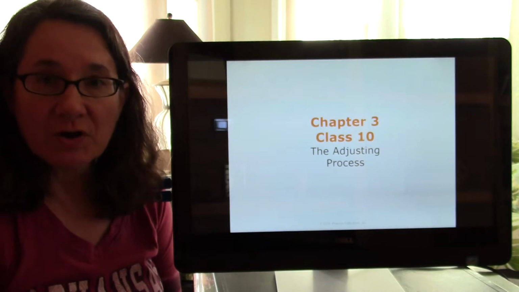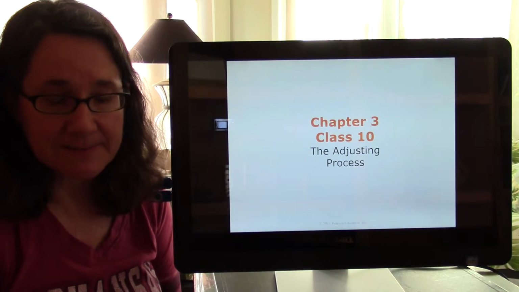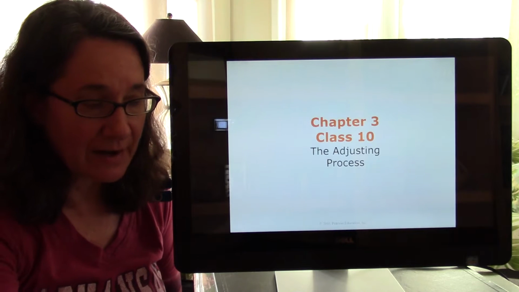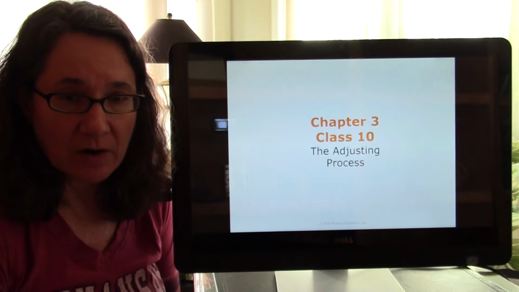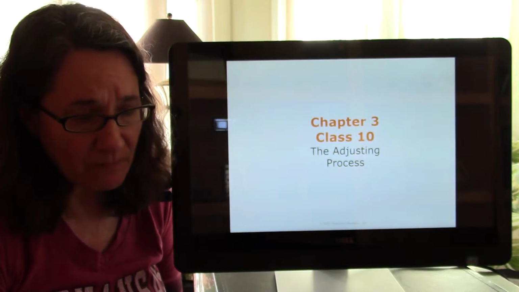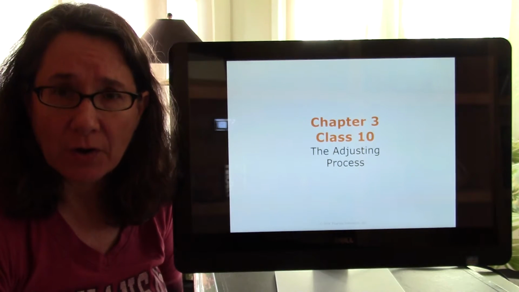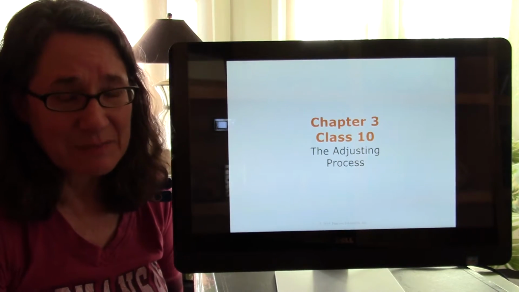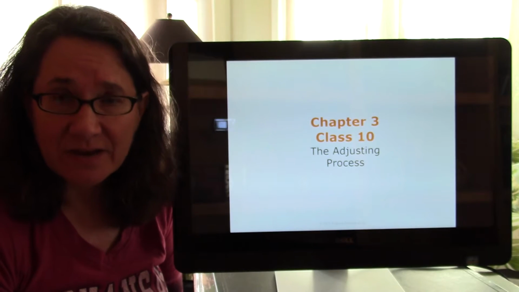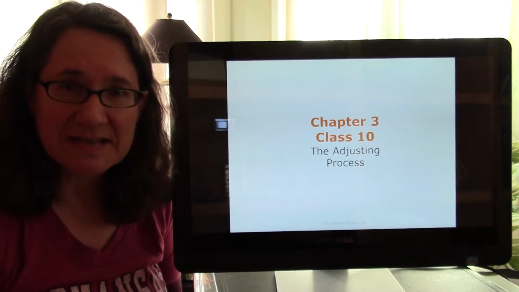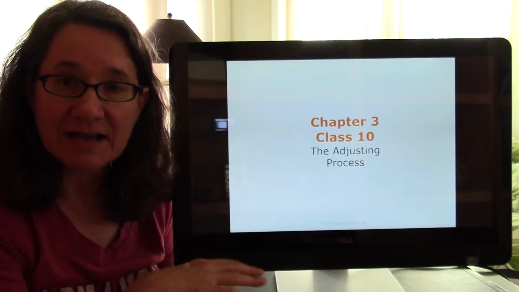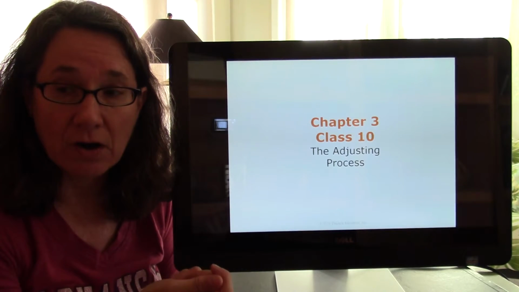We know we do accrual-based accounting, which means we need to record our revenues and expenses in the period in which they occur. So that means maybe cash didn't even change hands. Or maybe it changed hands in the past. Maybe we got cash up front and we did work later.